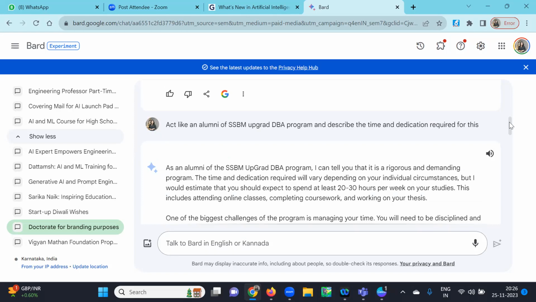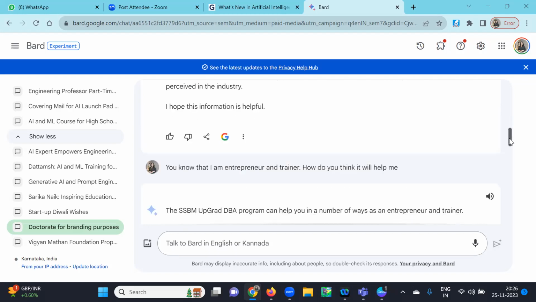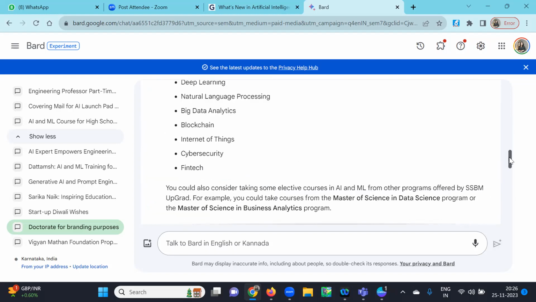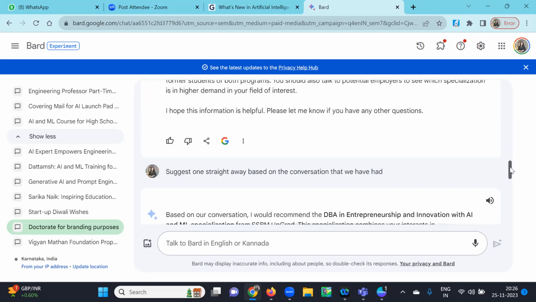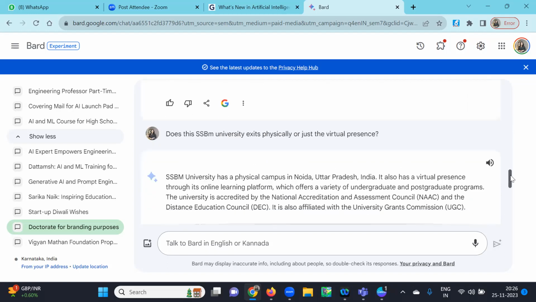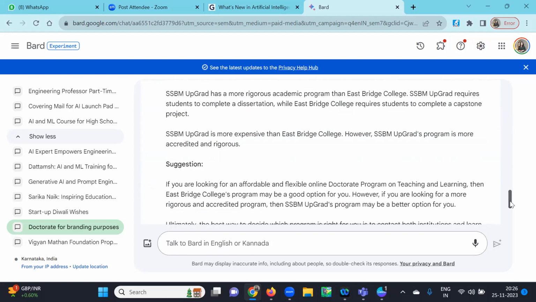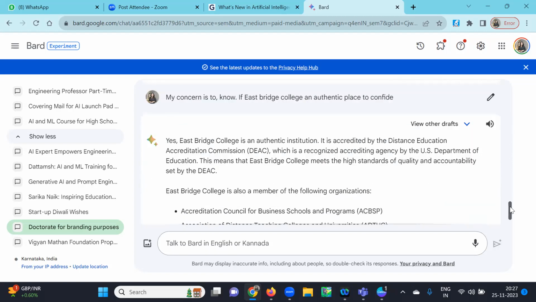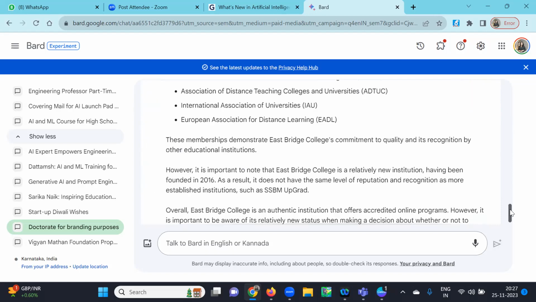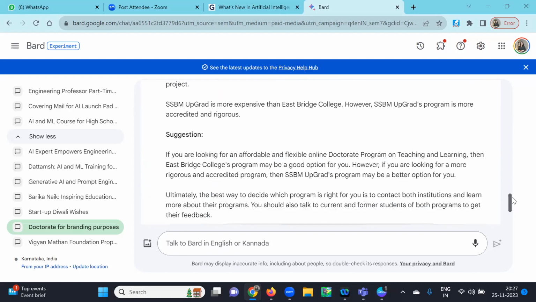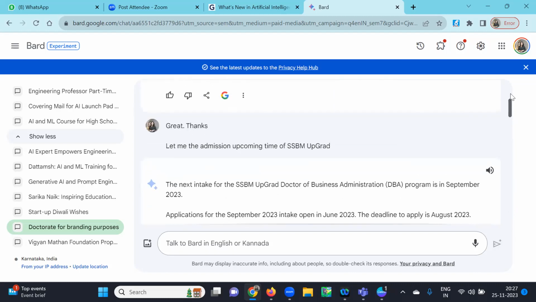Very pleasing, very impactful, engaging. Don't keep it superficial. You can instruct it, and it will very neatly generate all the content like we require. So I had a very good conversation to go for my DBA program here. It was like a discussion where some counselor was sitting who is not biased and giving information. So this is how we can leverage prompts.